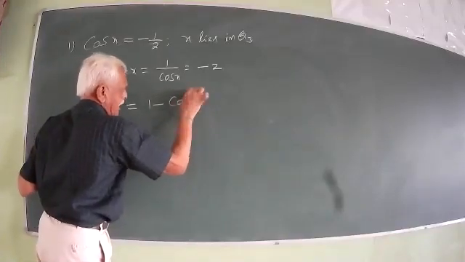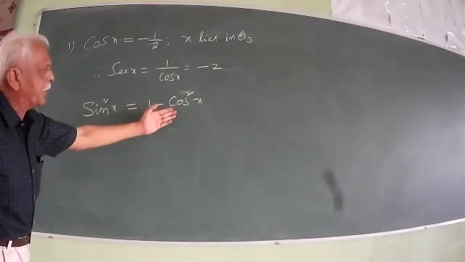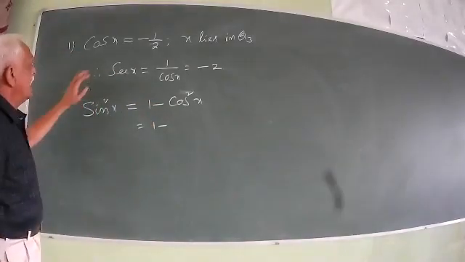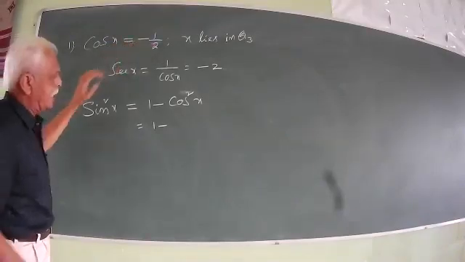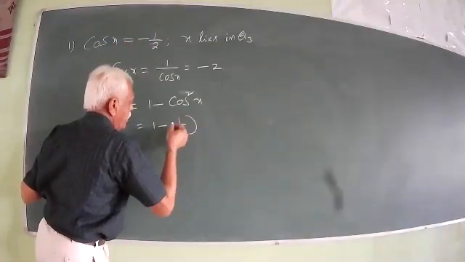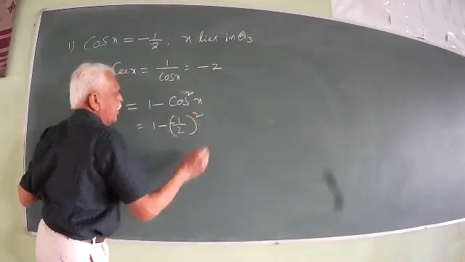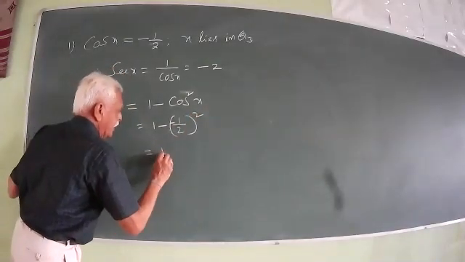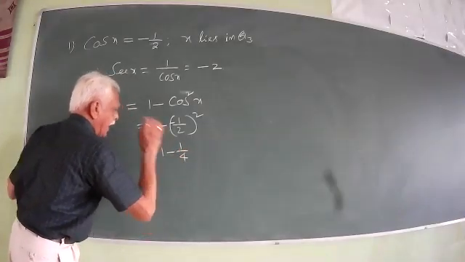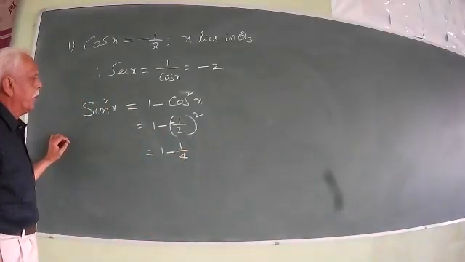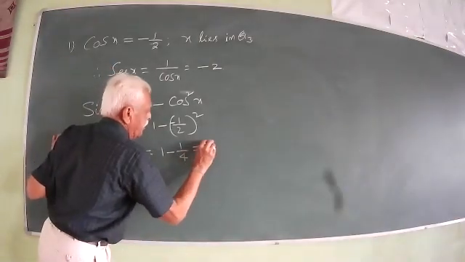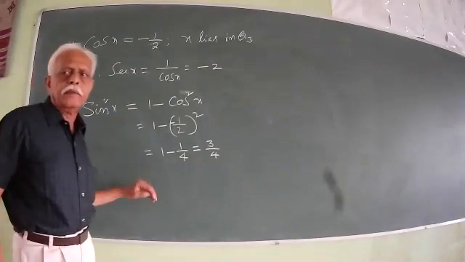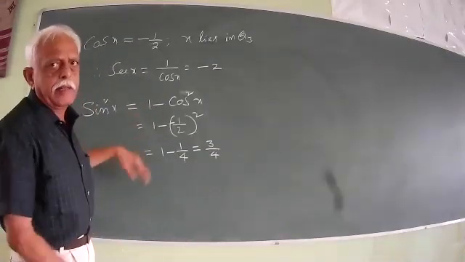Now substitute for cos x, given as minus 1 by 2. So minus 1 by 2 whole square. Minus whole square is plus. You are getting 1 minus 1 by 4, which is equal to 3 by 4. You must be thorough with simple fractions.